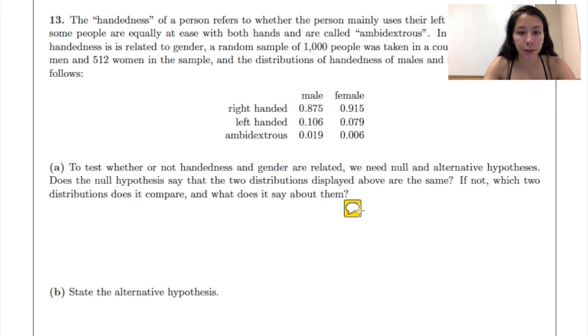The answer is no, because we are looking at the underlying distributions and comparing whether those are the same. If they were the same, any differences from the actual model in terms of gender are just going to be due to random chance. We're looking at that, as opposed to looking at these two distributions and saying they're the same.